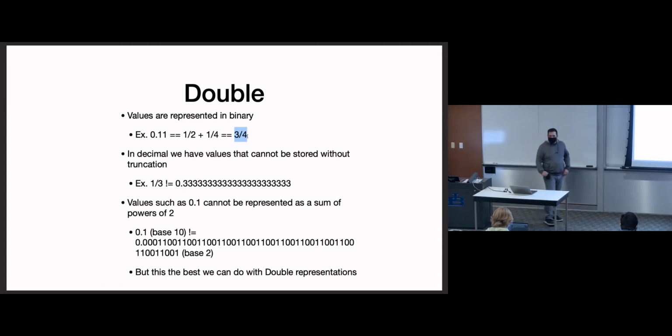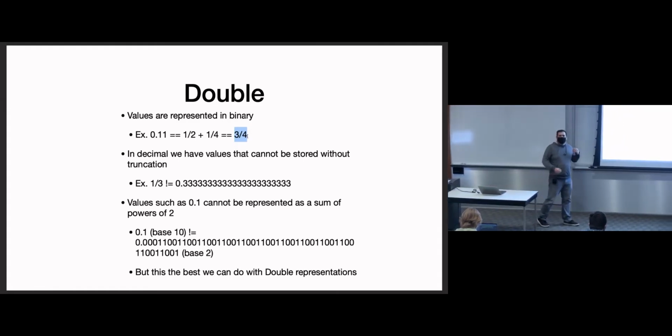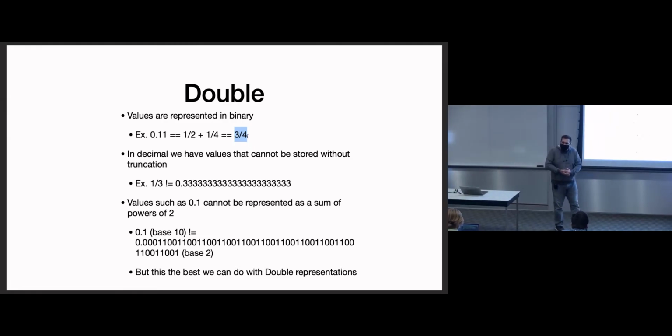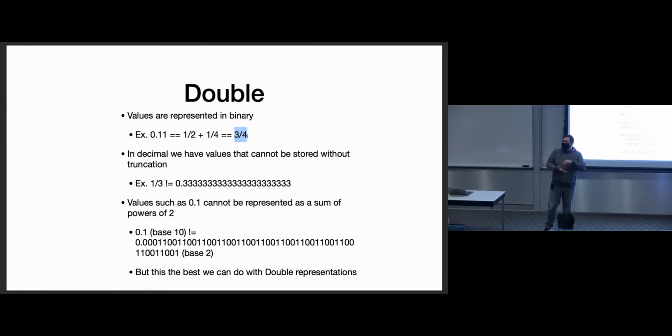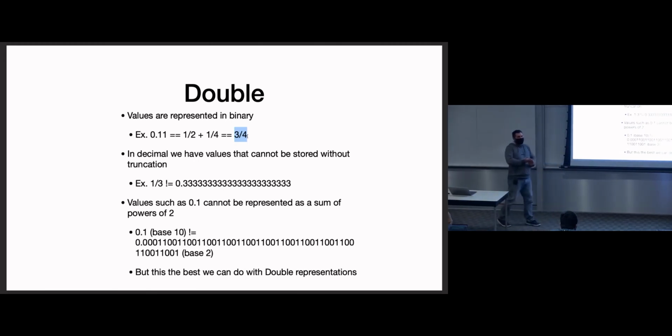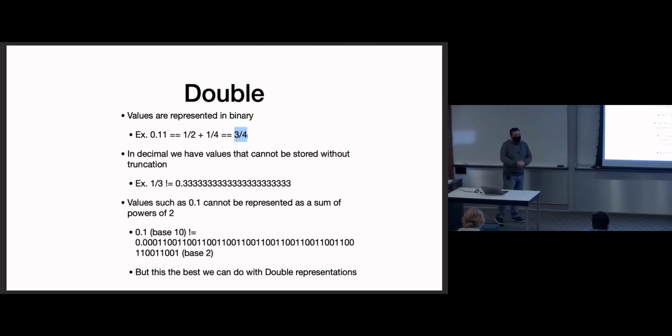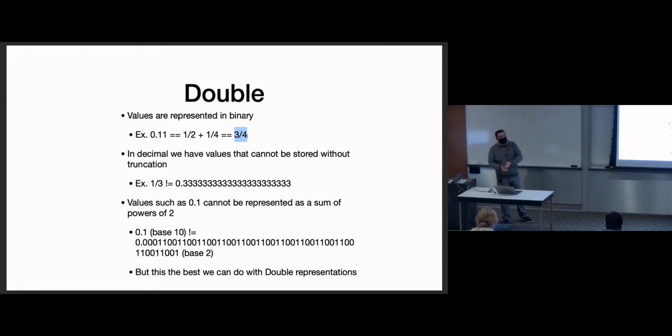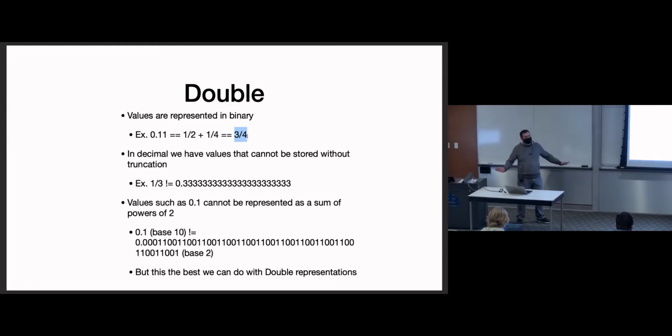Very similar to if we had 0.11 in base 10, that would be 1/10 in the 10th place, and then 1/100th in the 100th place. Then add up your 1/10 plus 1/100th to get 11/100ths. We're doing the same thing, just in base 2. And that's very roughly how doubles work. That's how doubles are representing our values.